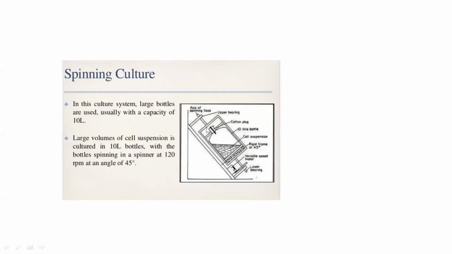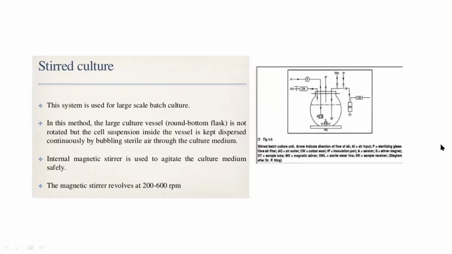In spinning culture, we make use of large bottles, a 10-liter capacity bottle, in which you have the cell suspension with the medium, and you can spin it at an angle of 45 degrees, at 120 RPM, so that all the cells are uniformly bathed in the medium.